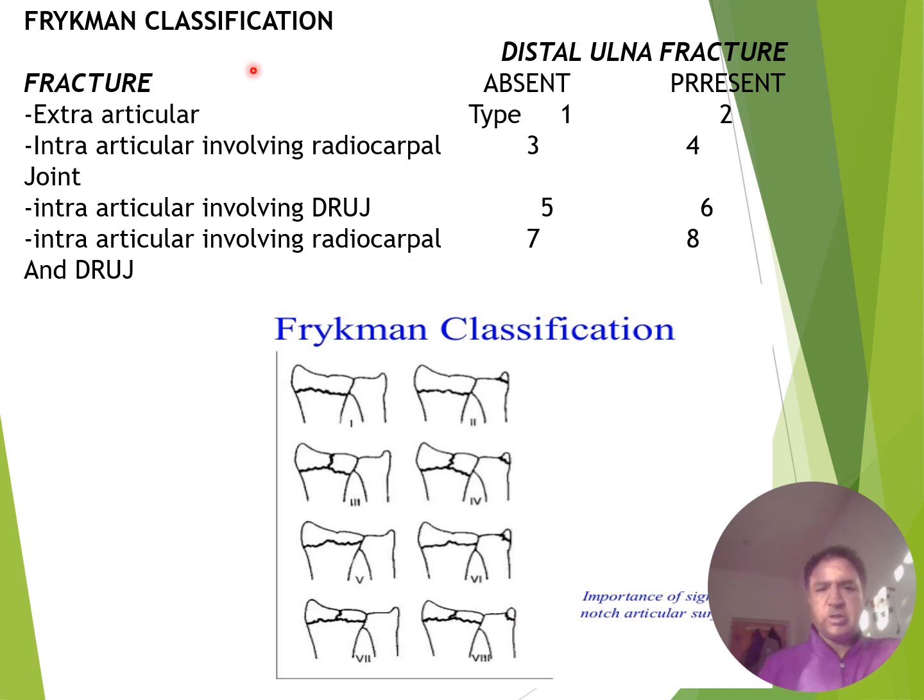Frykman classification. Distal ulnar fracture absent and present. We have Frykman classification, so types 1 and 2. Extra-articular: if the ulnar fracture is absent it is type 1, and if present it is type 2. Intra-articular involving the radiocarpal joint is type 3 and 4.